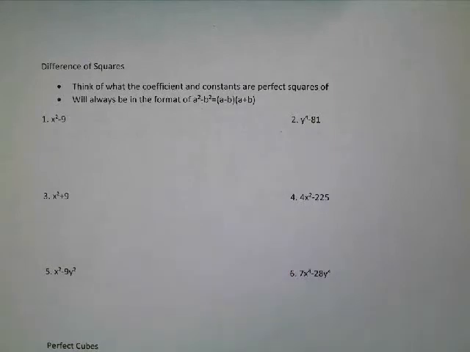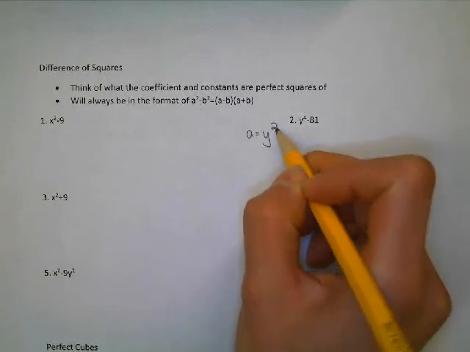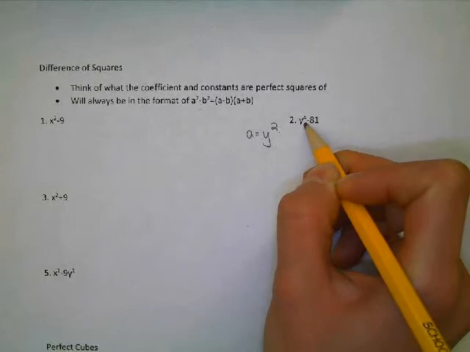So if we look at number 2 here, we have y to the 4th power minus 81. Well, that one's already a little strange because we have 4th power, and I thought we were dealing with squares. But I know that the square root of 4 is 2. So if I just said that a is y squared, well, if I square that, that's going to give me y to the 4th.